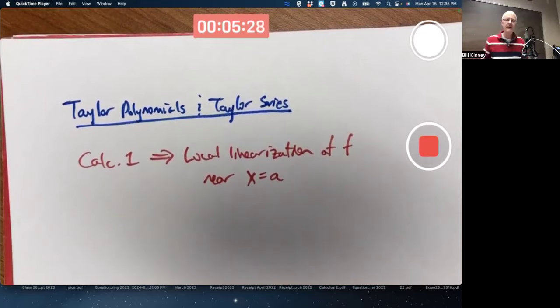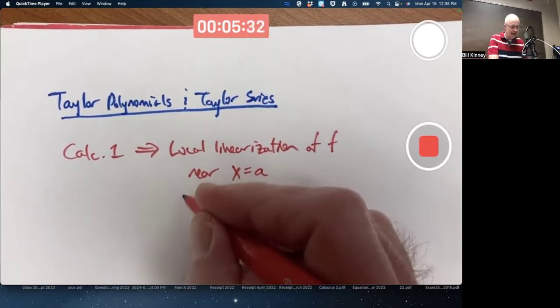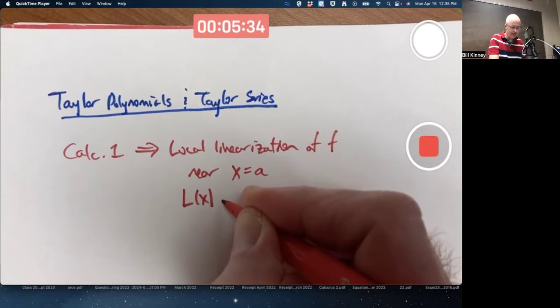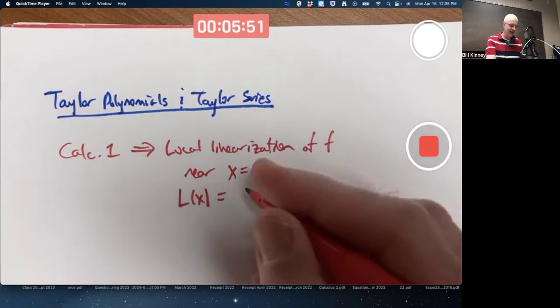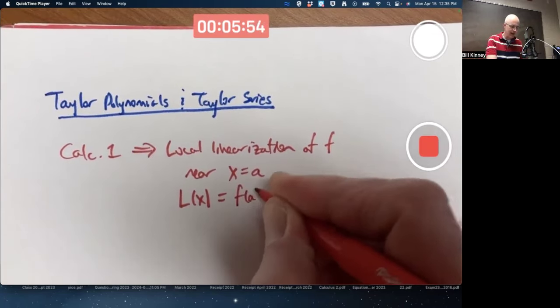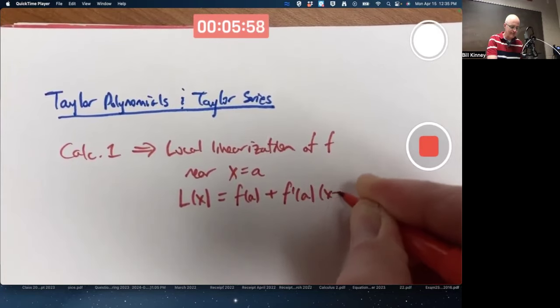What is the local linearization of f near x equals a? It is a linear function, call it L of x, whose graph is the tangent line to the graph of f at x equals a, if the tangent line exists, meaning if the derivative f prime of a exists. L of x equals f of a plus f prime of a times x minus a.